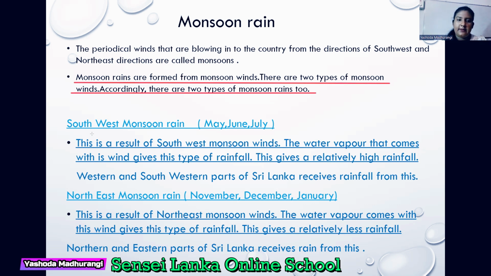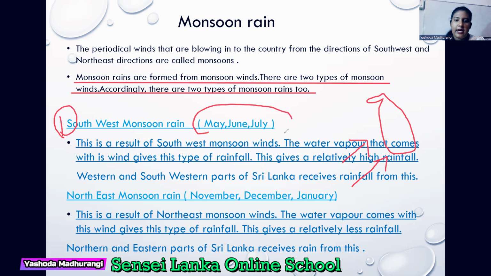Shall we look at it? First one, southwest monsoon rain. It comes to the country from the southwest direction. It is coming in these months, May, June and July. Remember the time. This is a result of southwest monsoon winds.